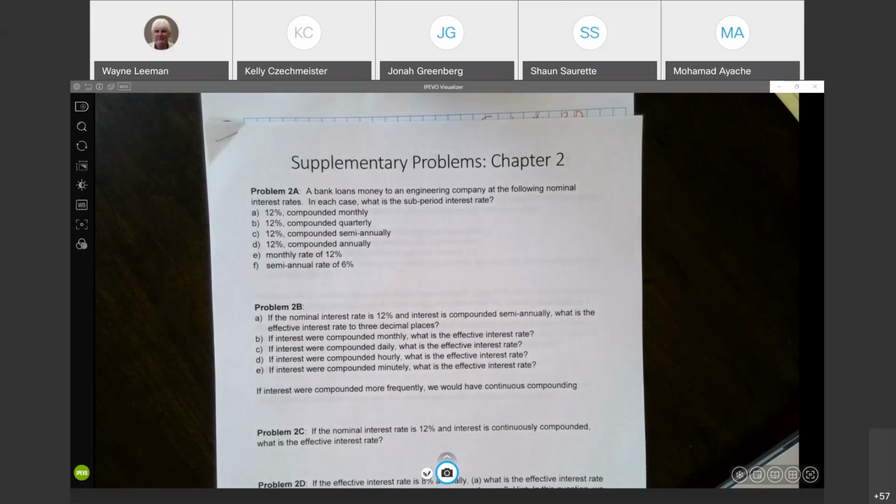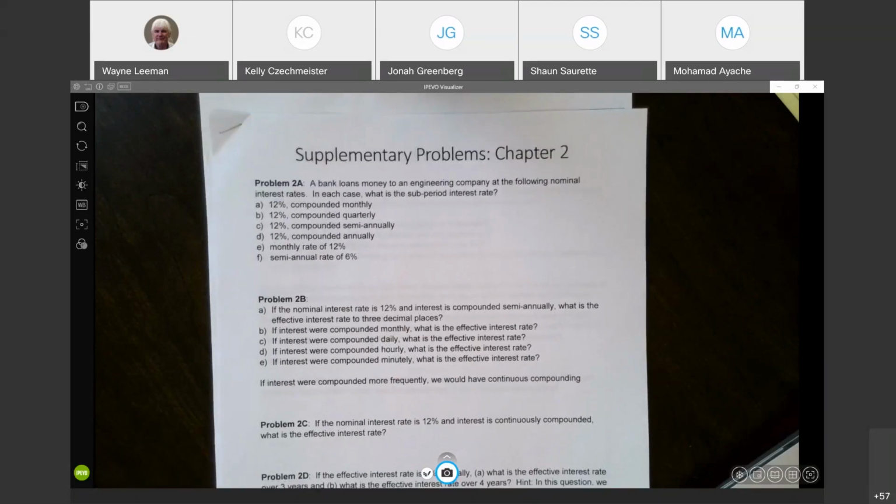So if you are finding that in the question things are being measured at, say, a monthly level, and if your interest rate is being given to you at, say, 12% compounded monthly, you would want to calculate the sub-period interest rate because you want it at the monthly level. So again, that may feel a little strange to you right now, and if it doesn't, that's good for you. But for the most time, until you do a few of these problems, it's a little more challenging to kind of get your head around this situation.